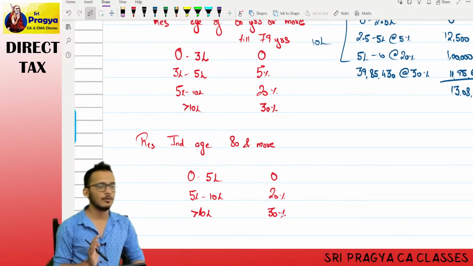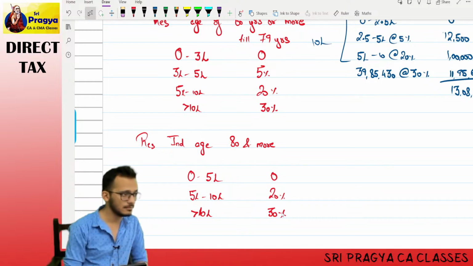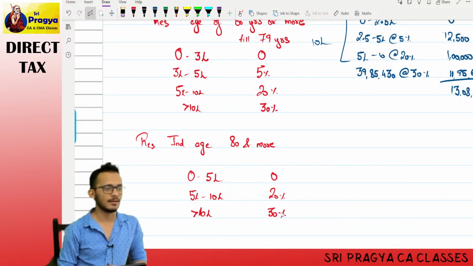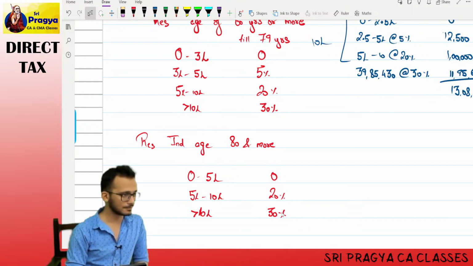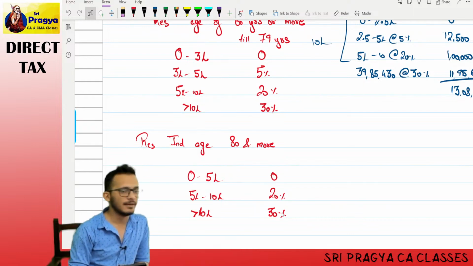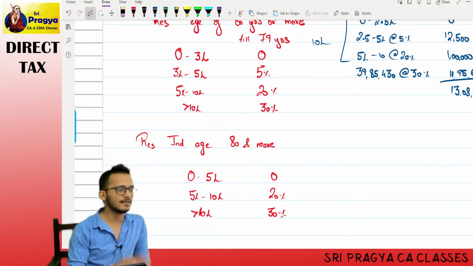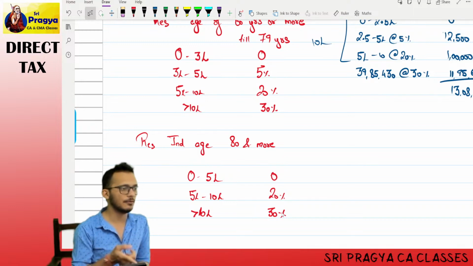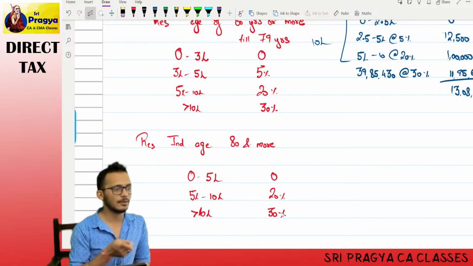Okay. These are your slabs. If you are an individual below 60, it is 0 to 2.5, 2.5 to 5, 5 to 10, after 10.